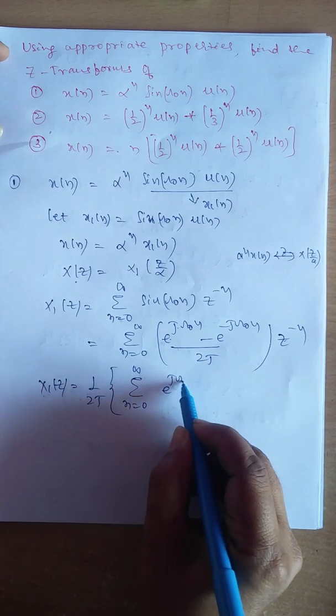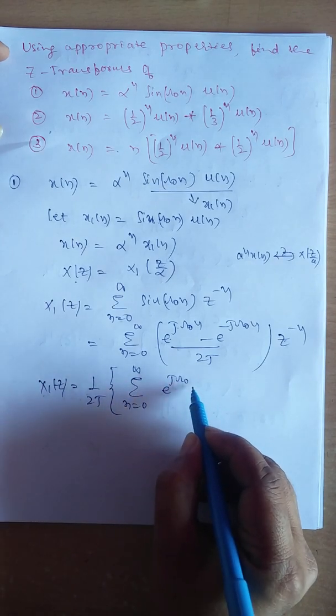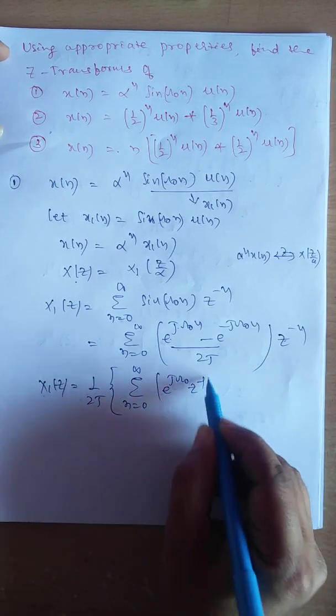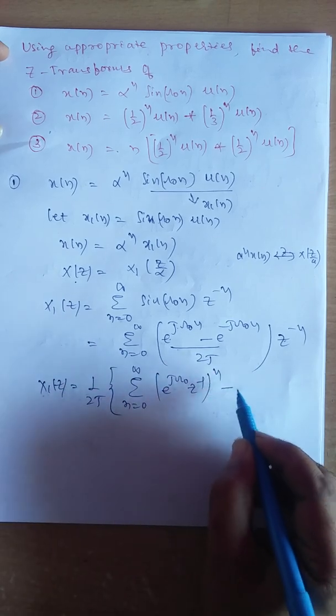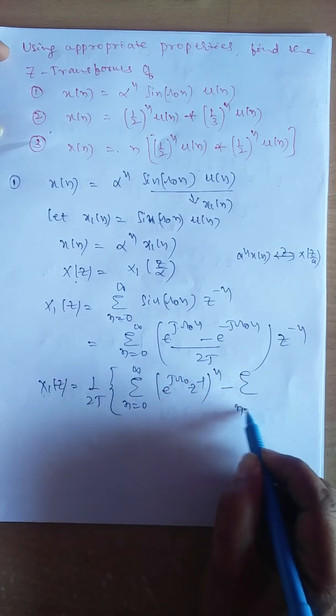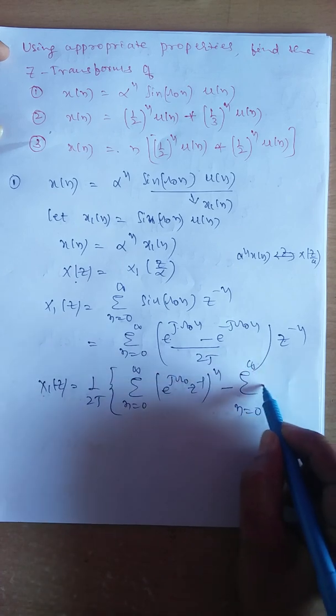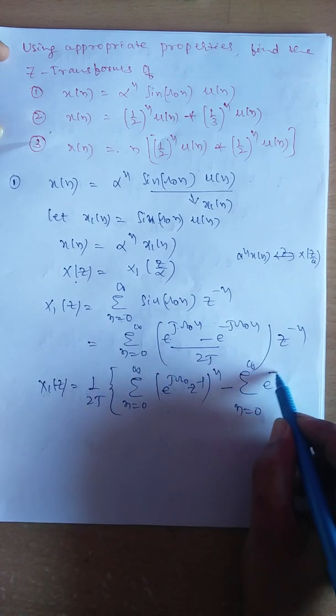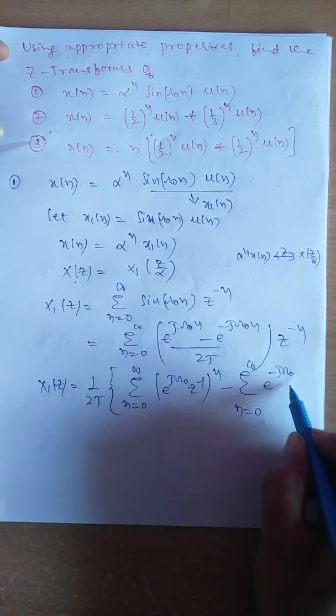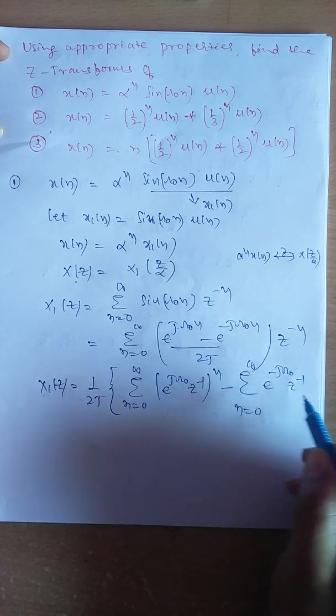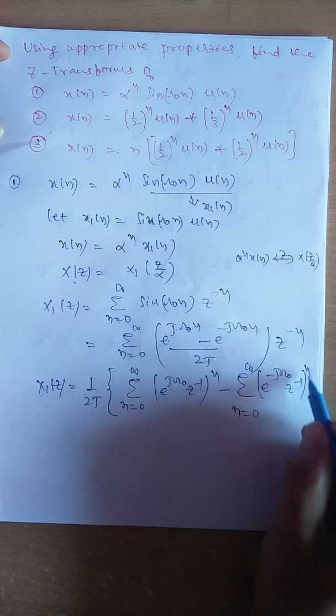We can combine these two. We can write (e to the power of j omega naught into z to the power of minus 1) whole to the power of n minus summation of n from 0 to infinity (e to the power of minus j omega naught into z to the power of minus 1) whole to the power of n.